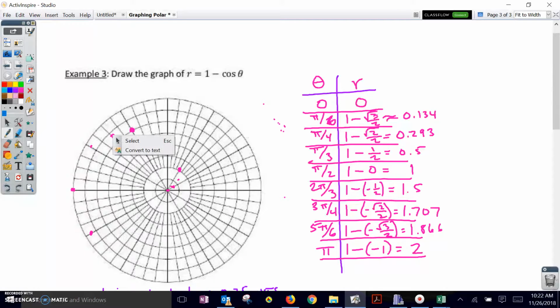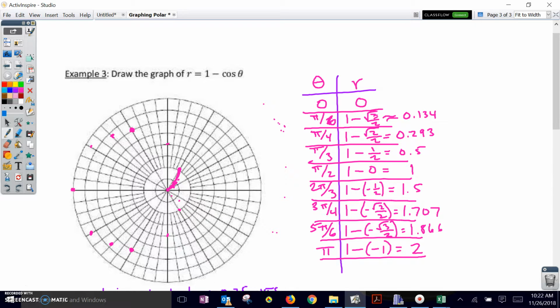Right around there. Alright, and then 1.5 right there. And so I'm using the symmetry that is inherent in these cosine values to arrive at the rest of these points.